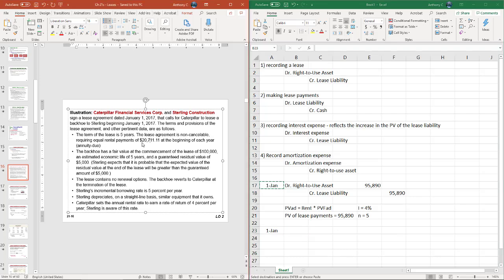Again, if you think about what's happening here, we're just paying this $20,711 in cash. So we'll credit cash for this $20,711. I'm just going to round this off here. And then each time we make a lease payment, we're reducing our obligation to make future lease payments. So we'll debit the lease liability, also for $20,711.